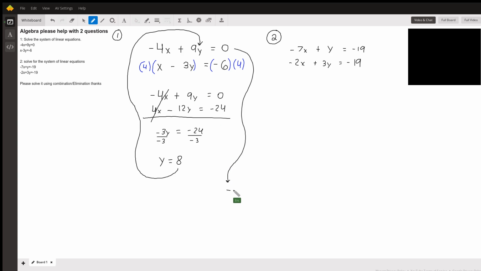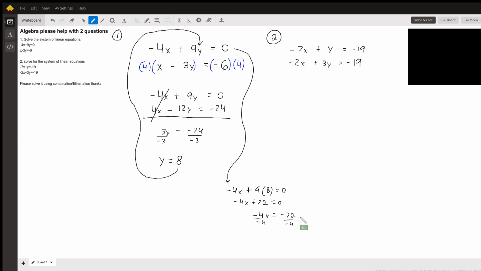The first equation then becomes negative 4x plus 9y, which is 9 times 8, equals 0. So we have negative 4x plus 72 equals 0, or negative 4x equals negative 72. Divide both sides by negative 4.